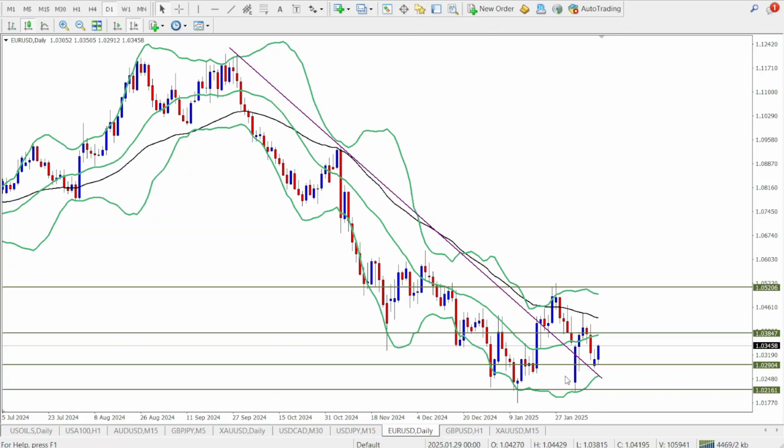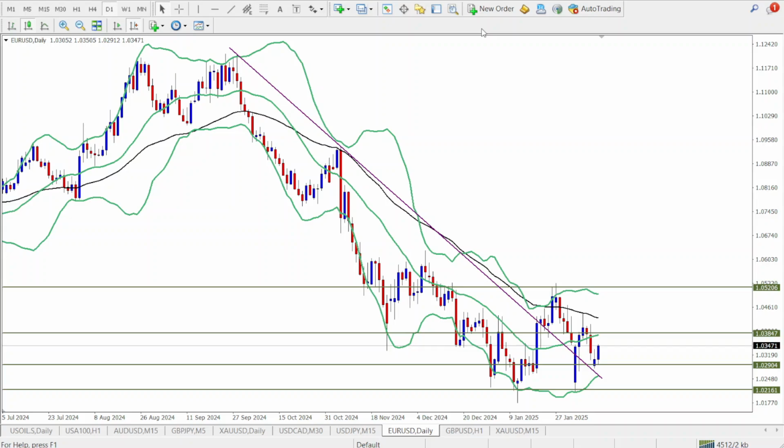Then always use stop loss placement. Place your stops below support when buying and above resistance when selling. Then you also need to combine with other indicators. You can use moving averages, RSI, Bollinger Bands, Fibonacci retracements, or any other indicator of your choice to confirm, for the purpose of confluence and to enhance your signals.